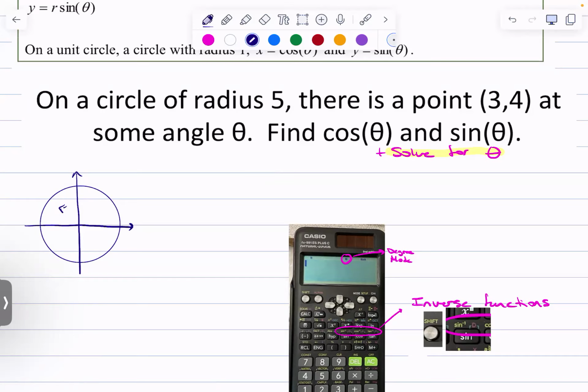But we do know that the radius is 5. And we have a point 3, 4, which means x is going to be 3 and y is going to be 4. I'm just going to guesstimate that it would be maybe somewhere here. And it is at some angle theta.